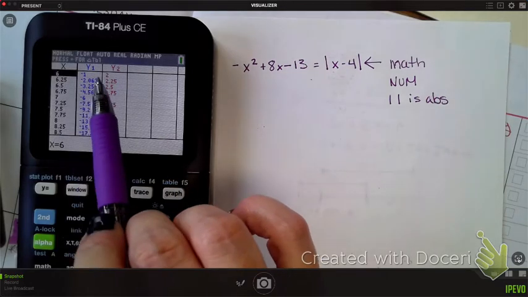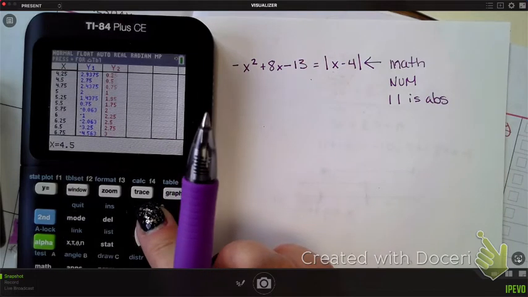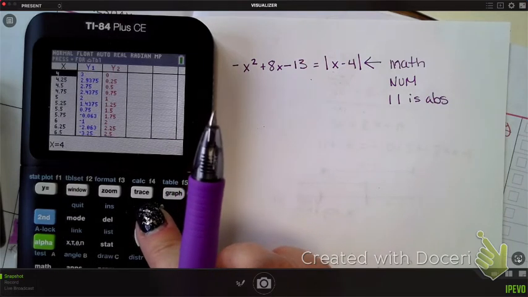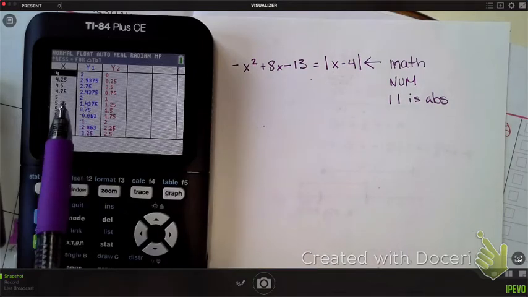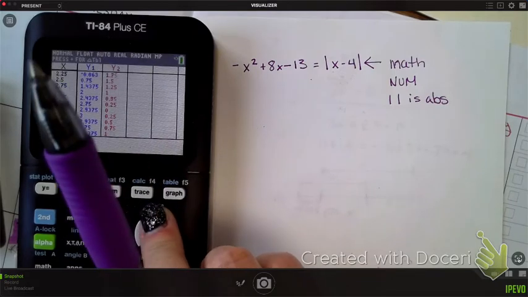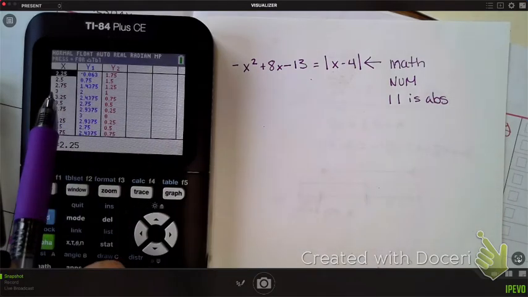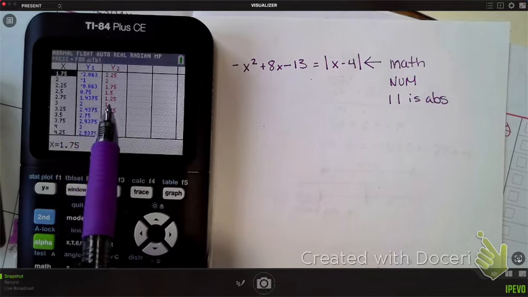It's probably going to be up here, right? Yeah. I do not like how this looks. Oh, look at 2.75. Are they close? That's the closest I can get right now.